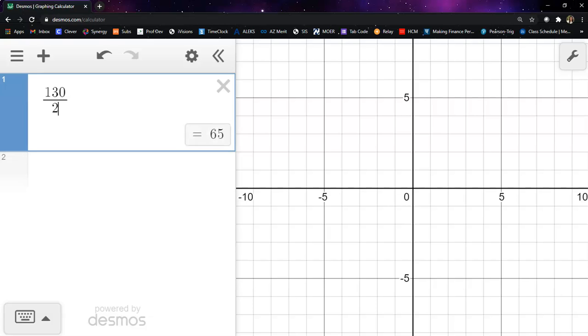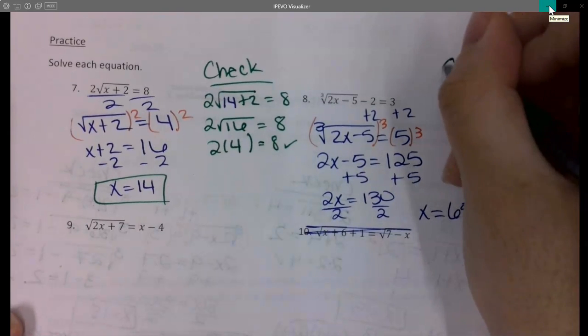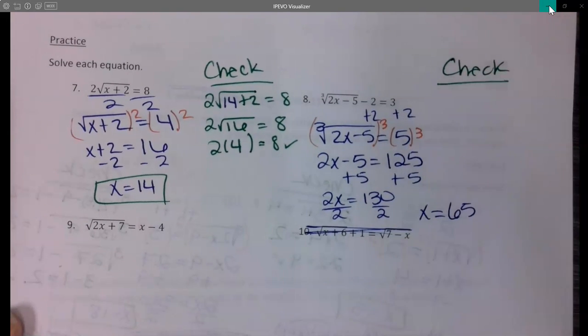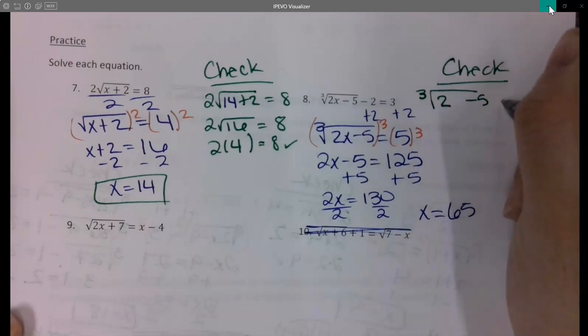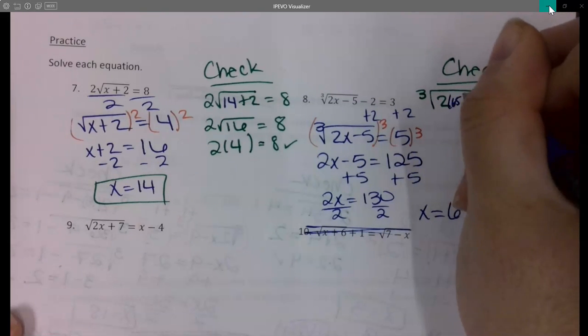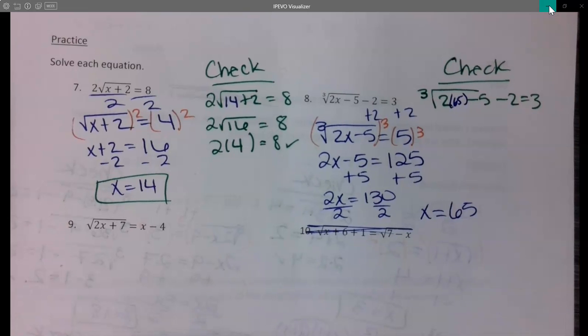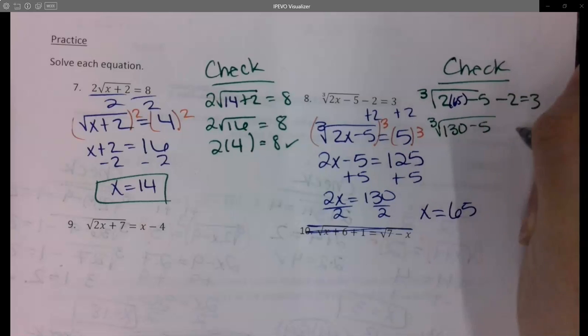Which gets me 65. Then I want to go ahead and check. Two times 65 is 130.